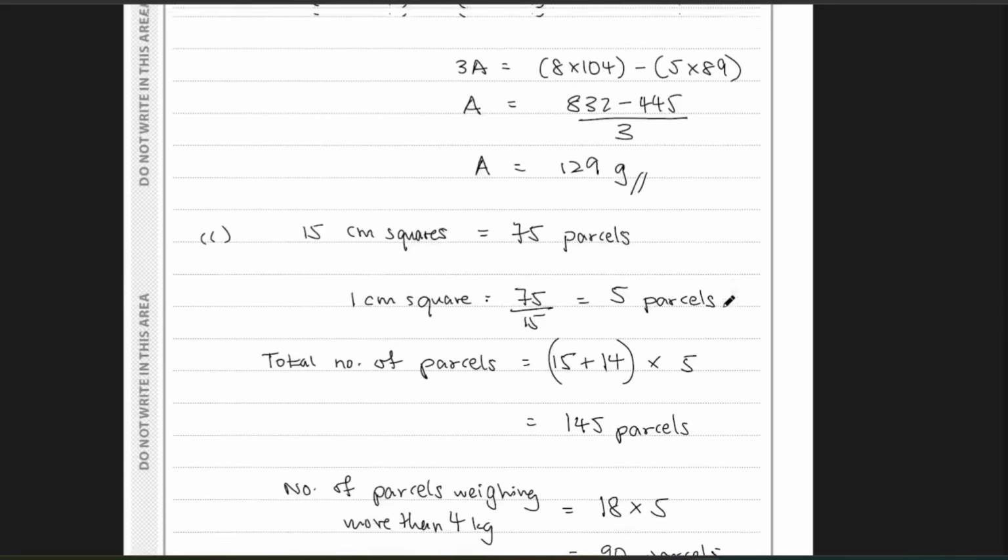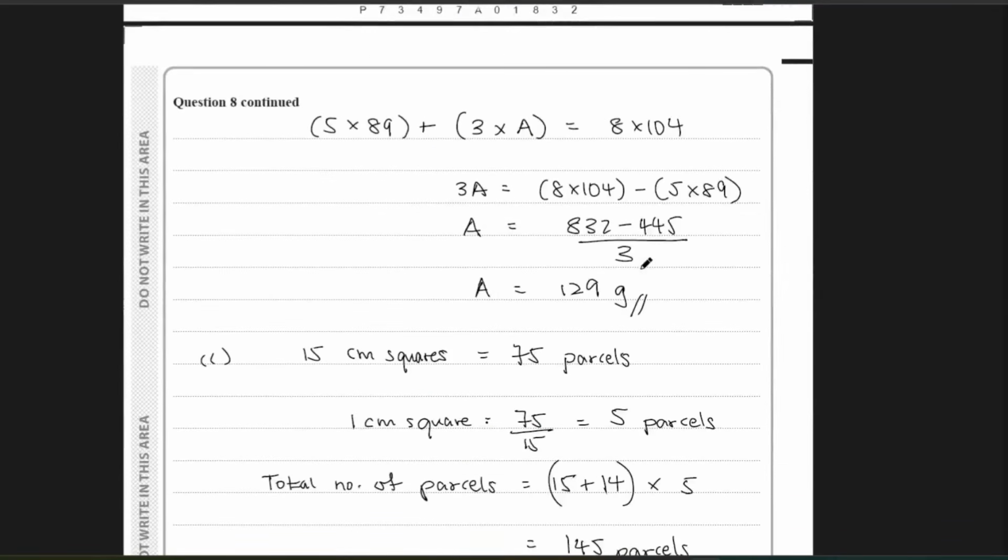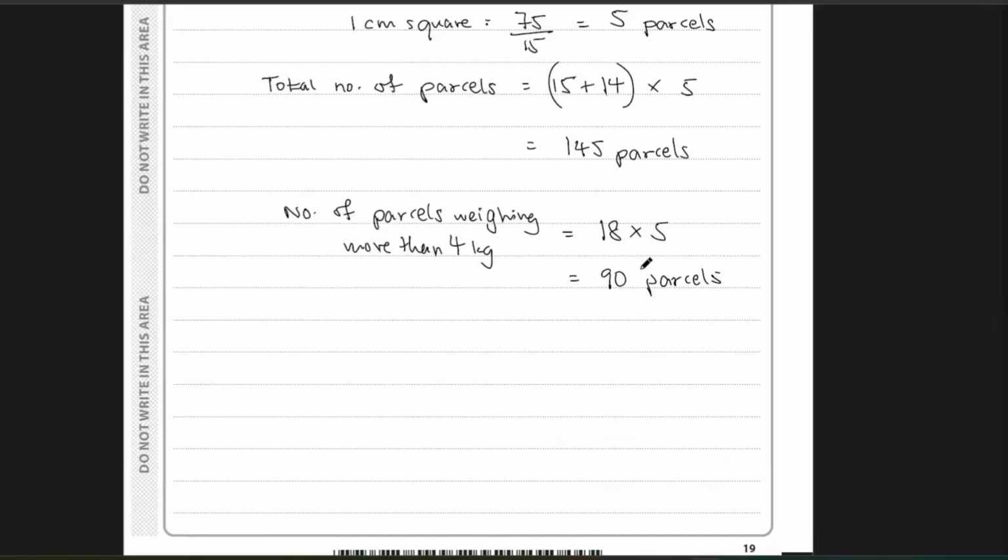Let's read the probability question again. So Alia takes 2 parcels at random from the van. She's going to take 2 parcels. Find an estimate for the probability that both parcels weigh more than 4 kilograms. So she's going to pick 2 parcels out of 145 parcels. Let's calculate the first probability.